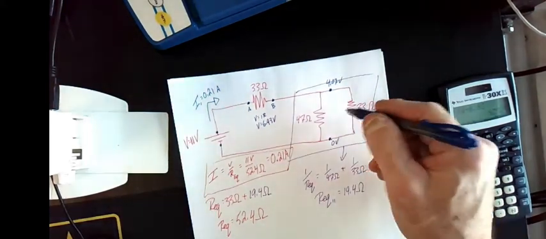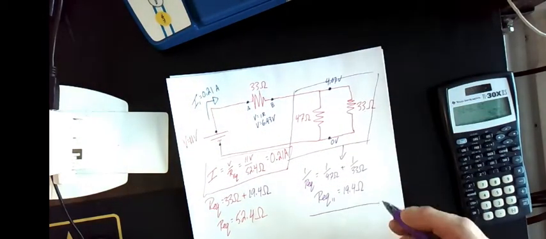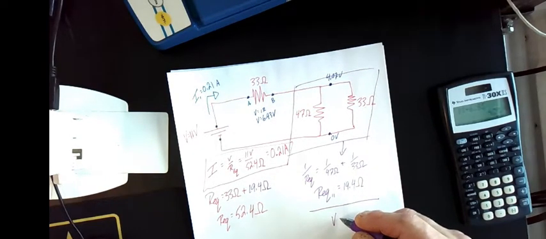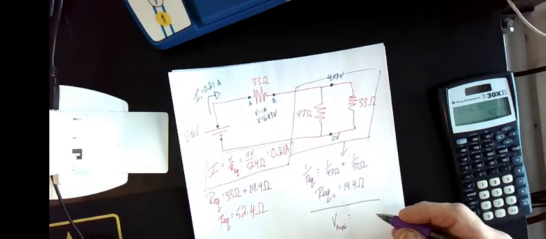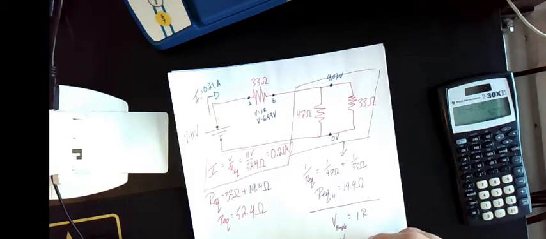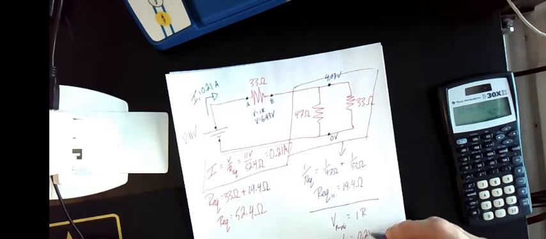Now I want to double check that. Here's another view of that, which we did not do. Let me grab a different pen. Well, let's stay in purple. What's the voltage drop across the purple part? V purple is I times R. What I? All of it, 0.21 amps.